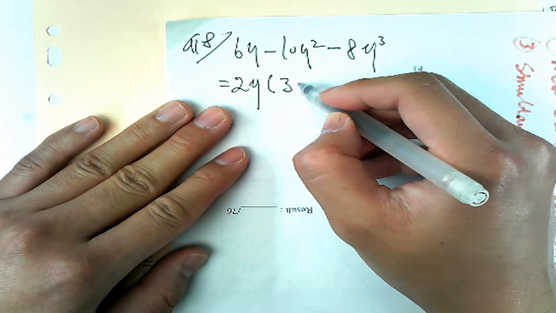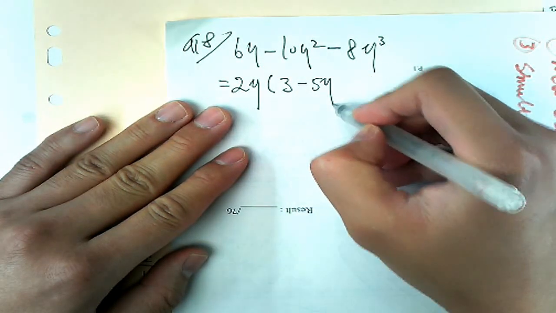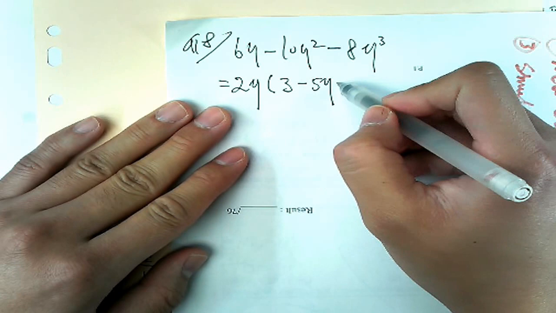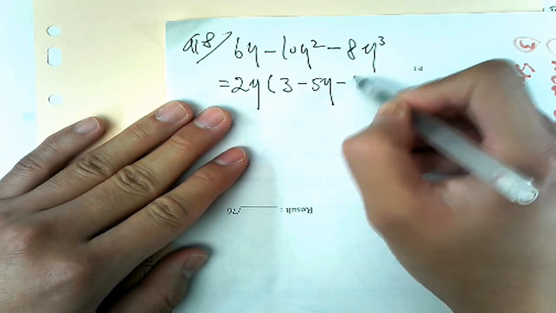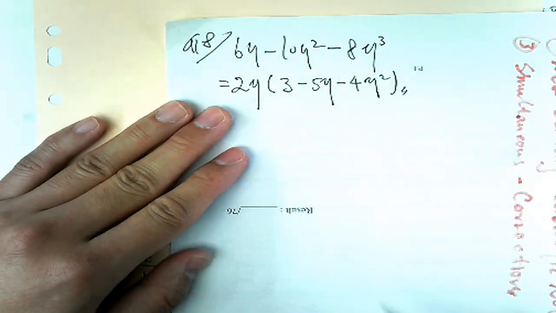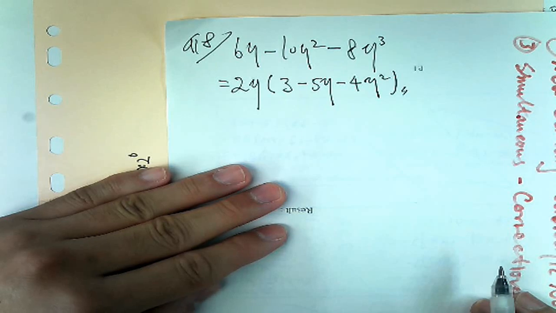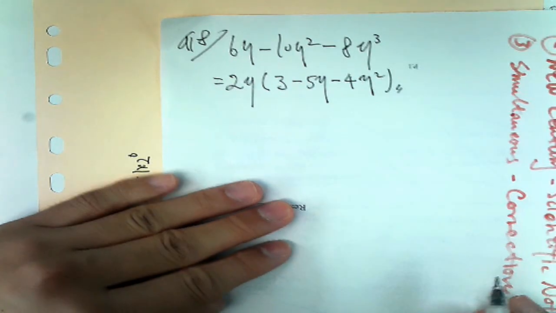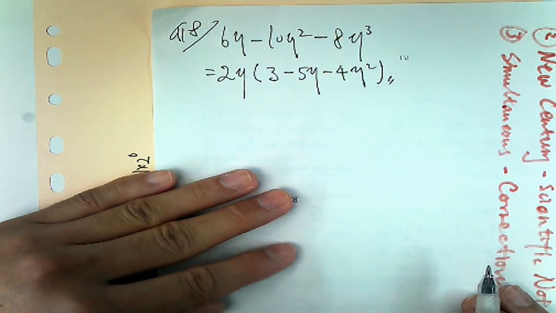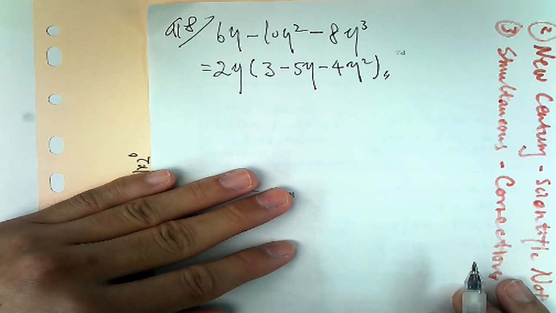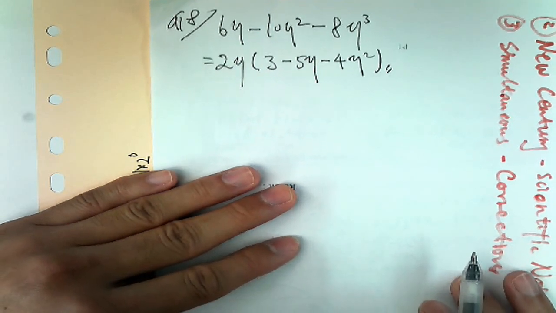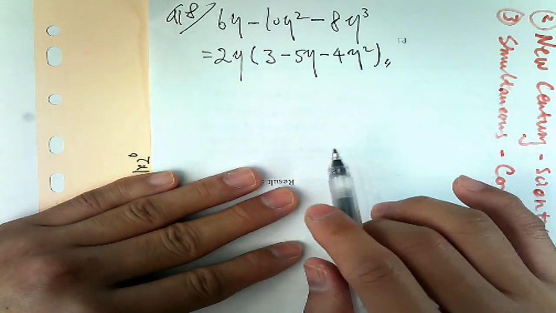For the next term it is minus 5y. And for the next term it is minus 4y squared. Understand? I think this is quite easy for you because we learned this before. Okay, so keep going. I'll do 21 to 26.